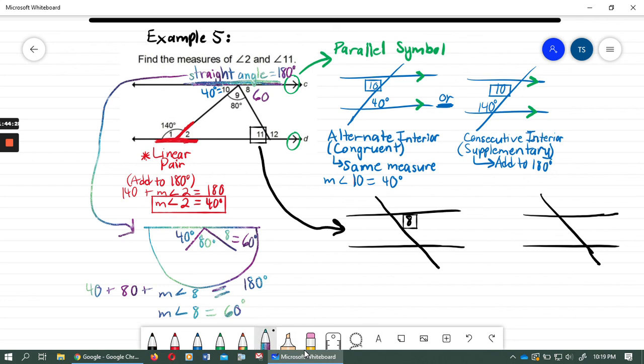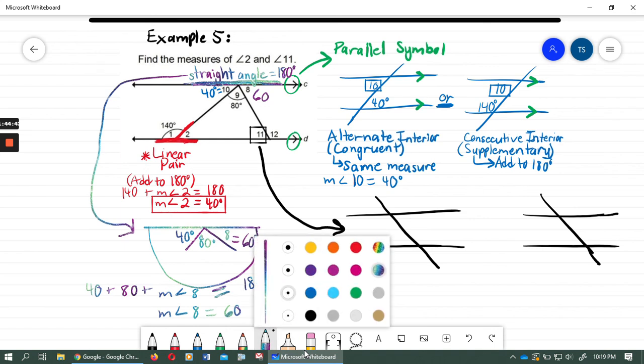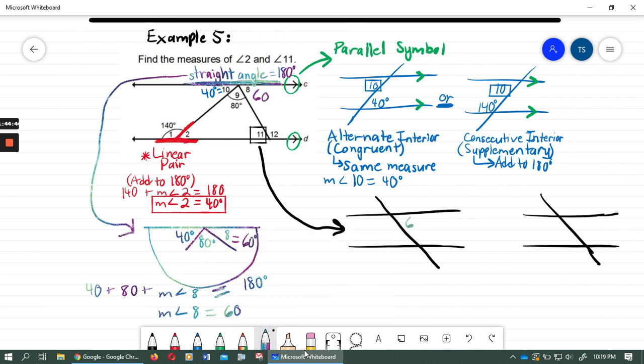All right, and so we knew that. That was 60 degrees for angle 8.